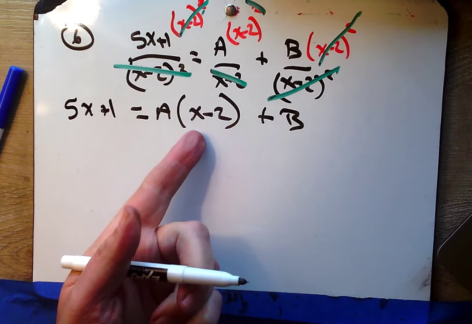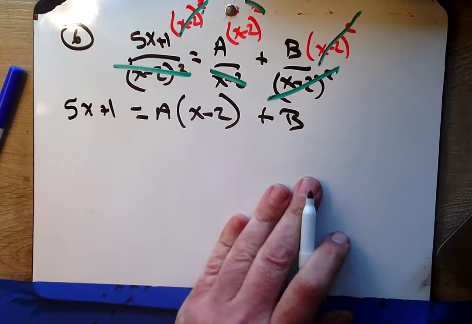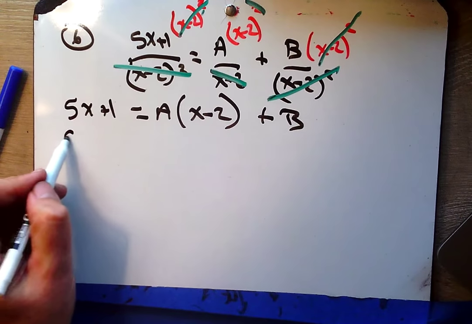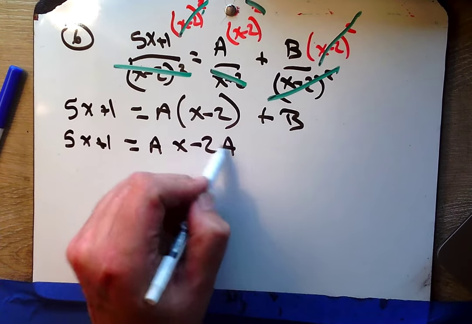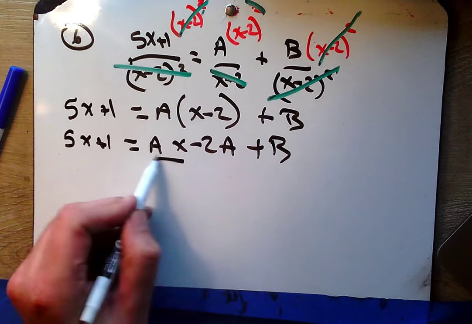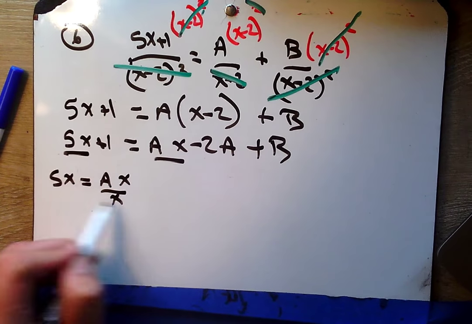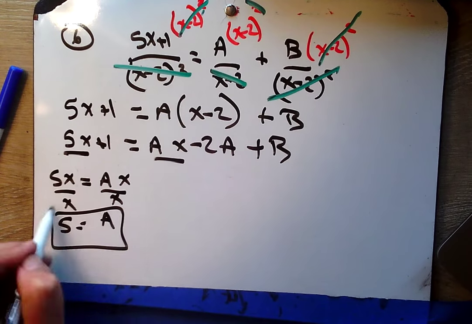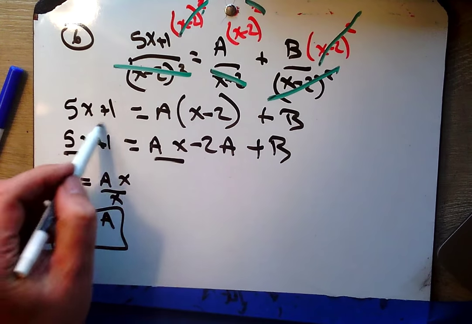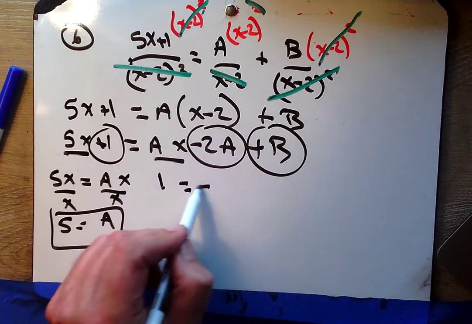Here I only have one magic number. I could use a magic number and a not so magic number. I actually think I'm going to use systems here. Ax minus 2a plus b. And I'm going to group the x stuff together. And when I divide by x, I find out that a is 5. And then I'm going to take the stuff that doesn't have an x and make them equal to each other.